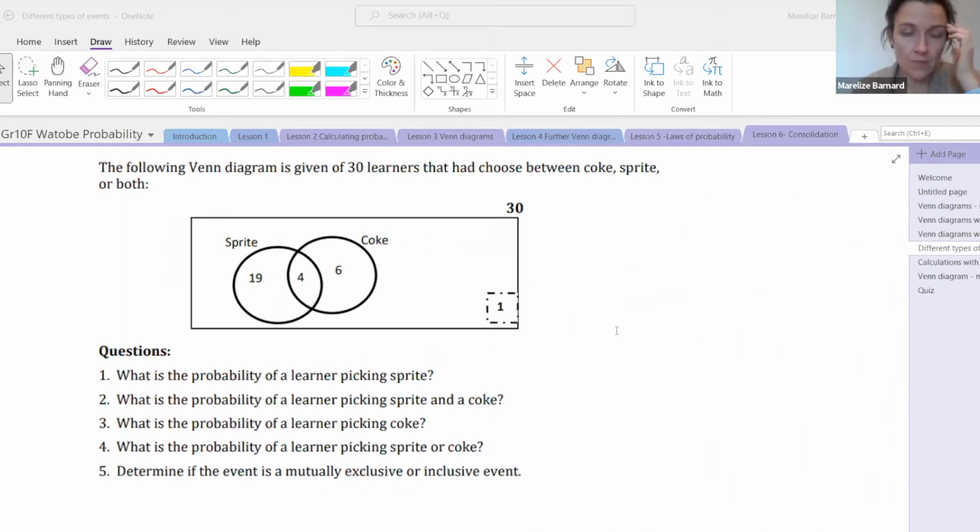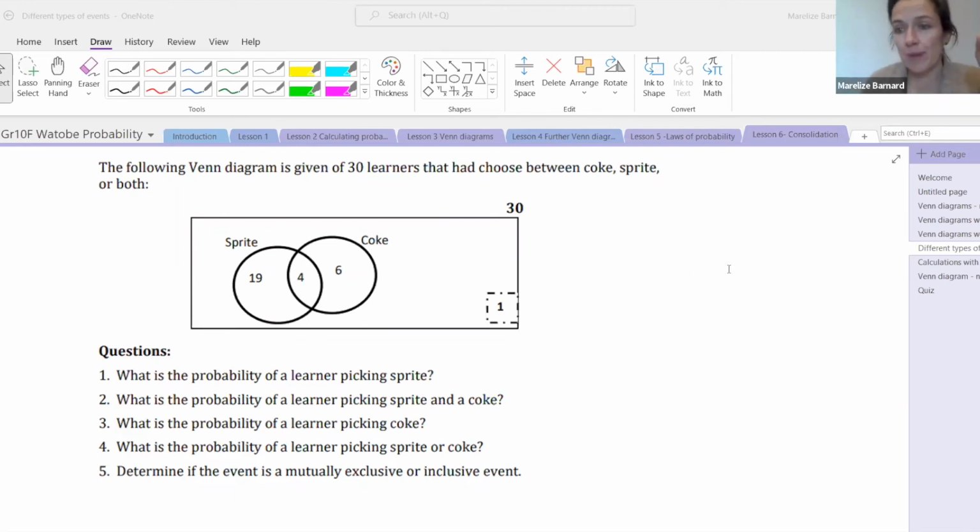Hello, ma'am. Hi there. On the question that says and or the one, okay. So ma'am, when they say and, it's when they ask people who eat both, on the two events. Yes. And then or you have to add all the events and the people who eat both. Yes, that's right. But not all the events.